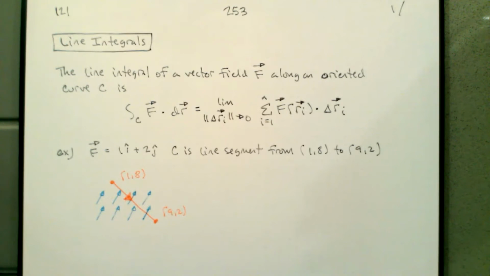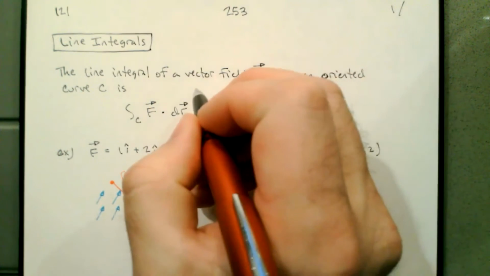The other thing to remember about integration is that integration is just multiplication, but one of the factors is variable. The multiplication that we're using in a line integral is a dot product.